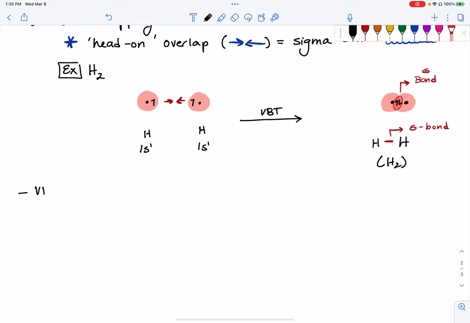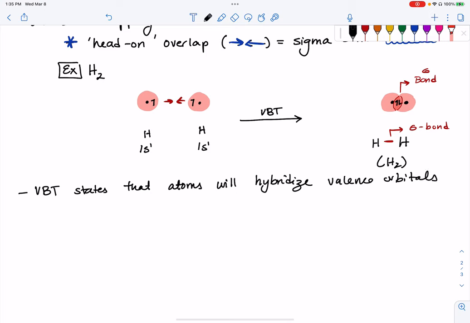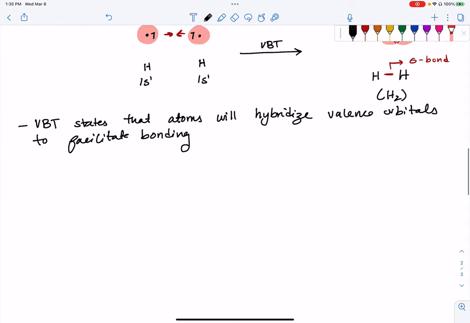Valence bond theory also states that atoms will hybridize their own valence orbitals to help facilitate bonding.